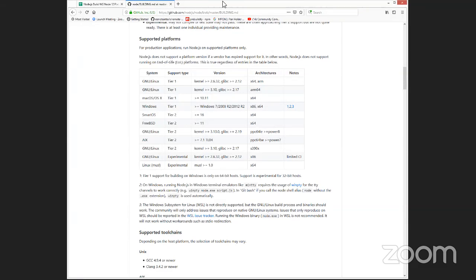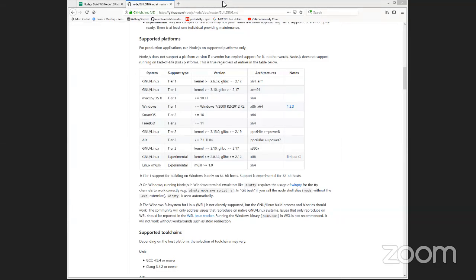Okay, so in my spreadsheet, I'm going to copy Linux x64, Linux x86. I'm going to just list them this way first. Sure. ARMv7 and ARMv6.